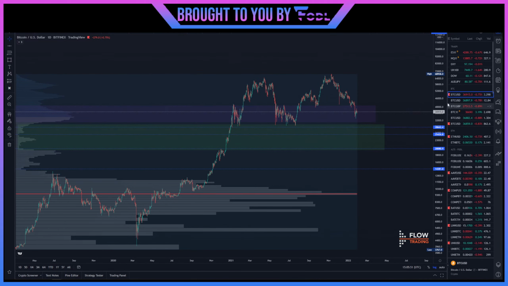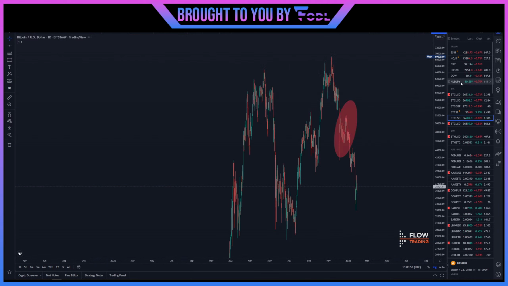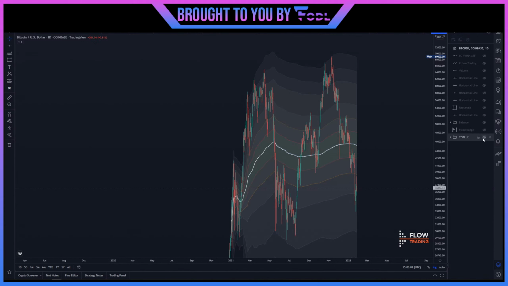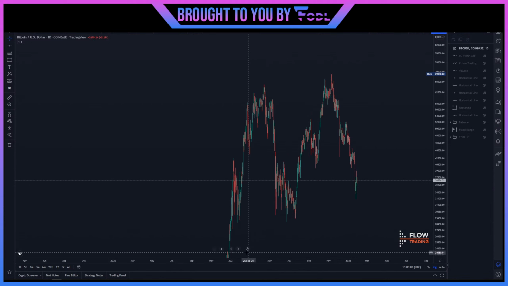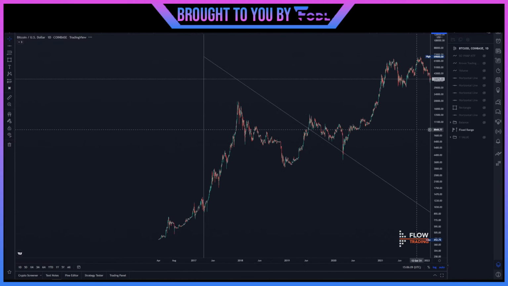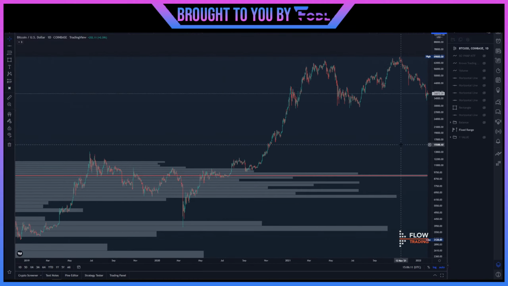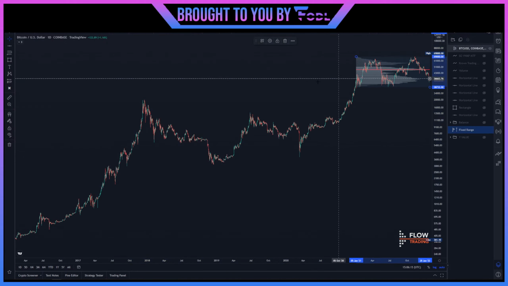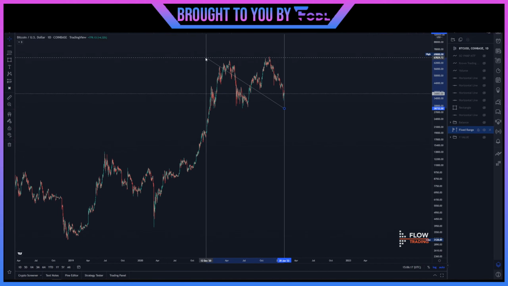Okay, so now I'm going to show you a different chart, which I also did. I think this is the Bitstamp one, so I beg your pardon. I think this one was on Wednesday that I showed you guys. Just bear with me a second. Okay, and I think I've got a fixed range volume profile here as well. Where did I do that?